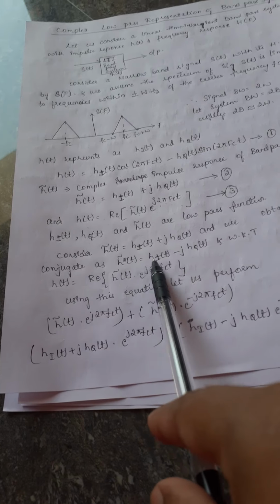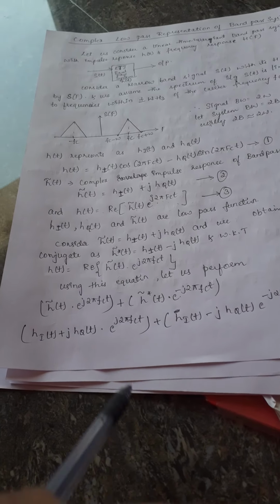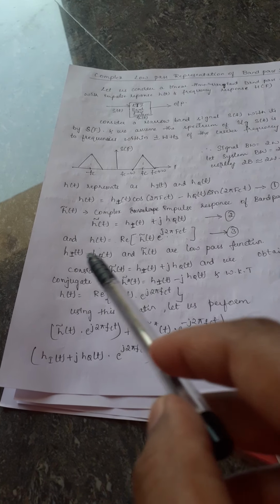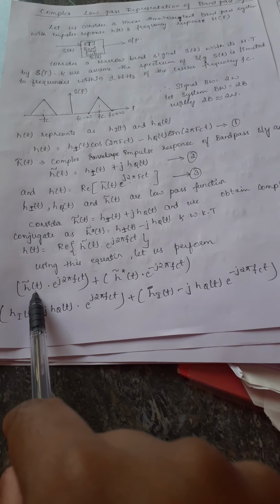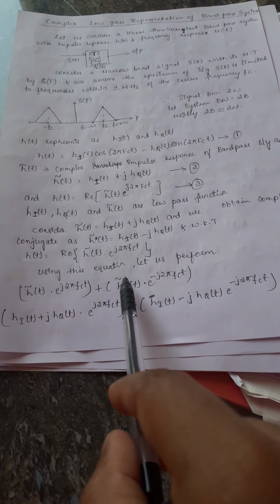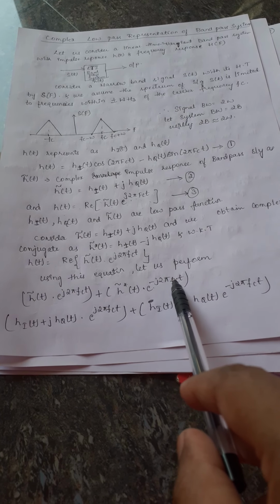Using this equation, if we add the complex conjugate terms, we will get h of t equals h tilde of t into e to the power of j 2 pi fct plus h tilde conjugate of t into e to the power of minus j 2 pi fct.